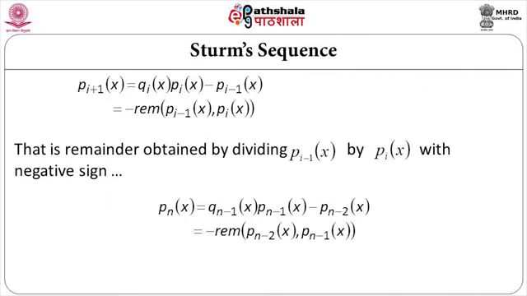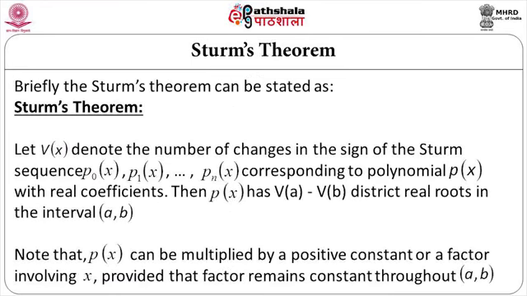Continuing this process, our p 3 x is similarly obtained. In general, p i plus 1 is the remainder on division of p i minus 1 by p i, and finally, p n x is obtained by dividing p n minus 2 by p n minus 1, and the remainder obtained will be our p n x.